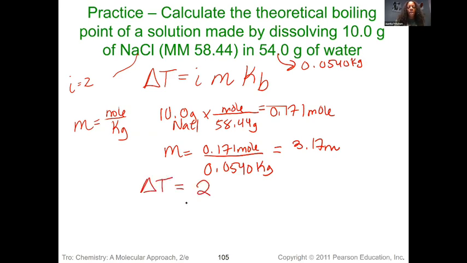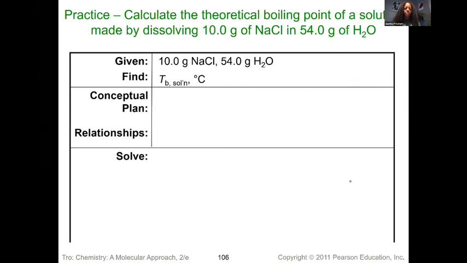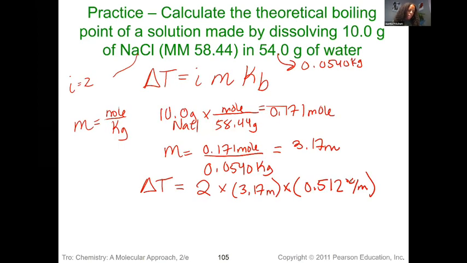We then can calculate what the change in temperature is going to be. Now we include that Van't Hoff factor, the 2, times the molality, times that Kb factor of 0.512 degrees Celsius per molal. So if we plug that in, we have 2 times 3.17 times 0.512, and that gets us a total of 3.25 degrees Celsius.